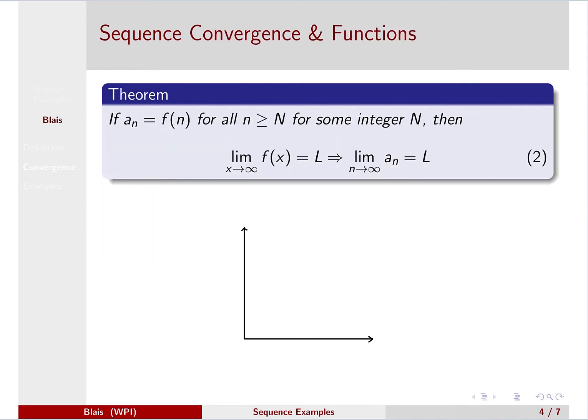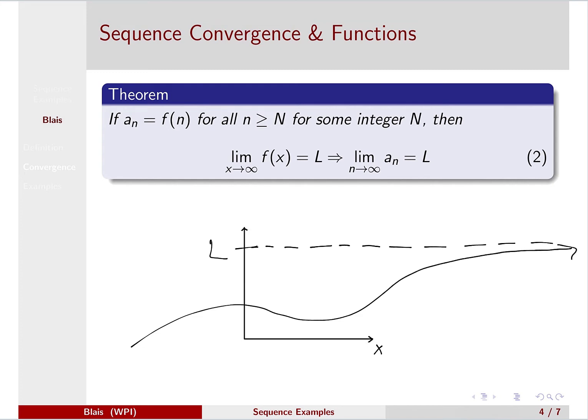We also noted a theorem for the convergence of sequences and functions, and we saw that if your sequence is tethered to a function, and so we depict it this way, where the function has a limit as x goes to infinity of L. So this function has this L as the line y equals L as a horizontal asymptote.